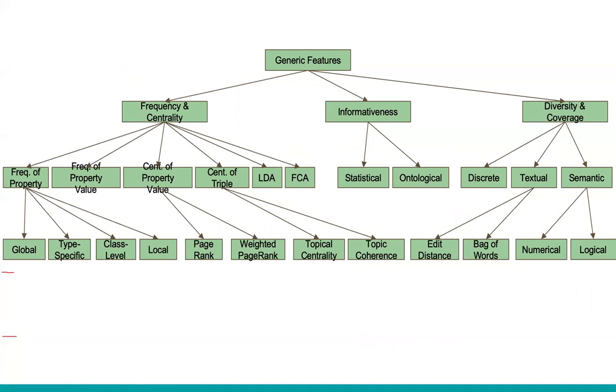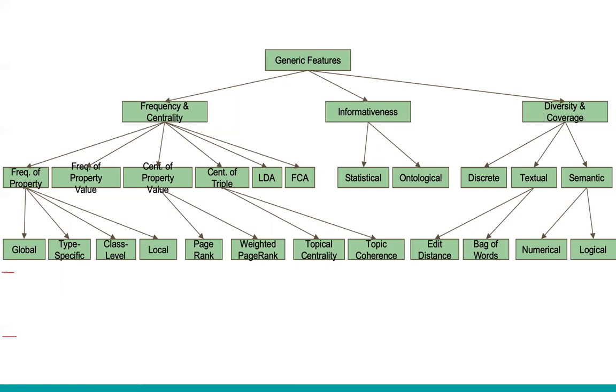Frequency and centrality means you are mainly focused on computing how frequently facts appear and how popular they are. Informativeness means that if some fact appears less frequently, then it should be important. Here we consider property and value together. And diversity and coverage means we should also be considering some features to measure this aspect.